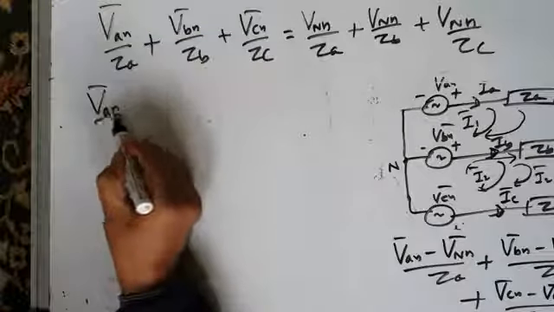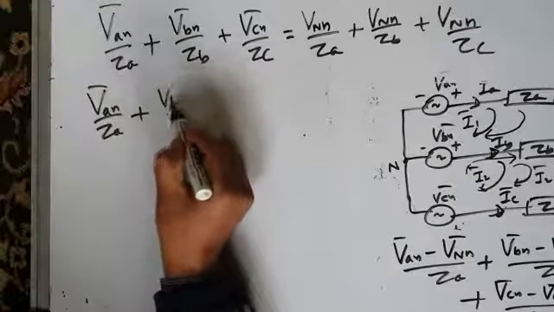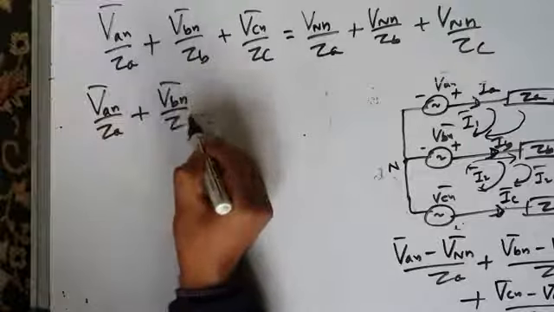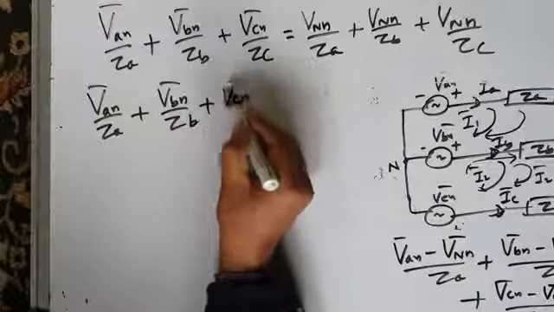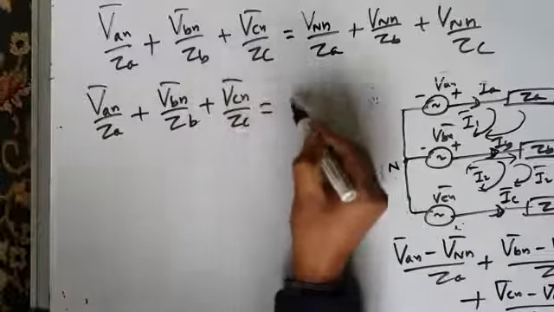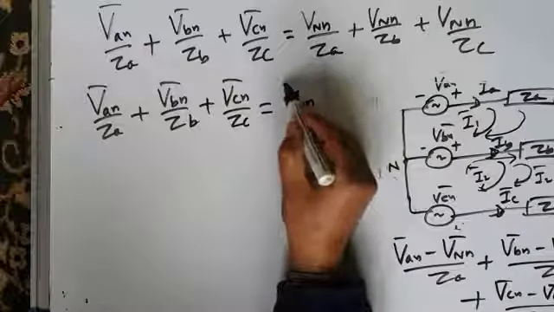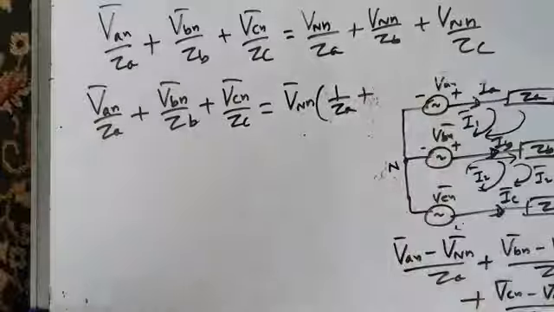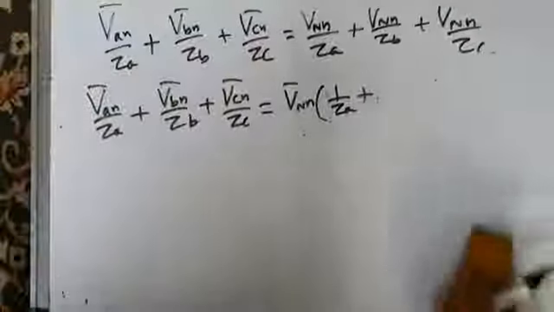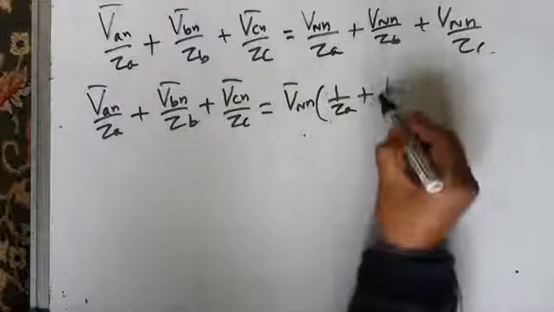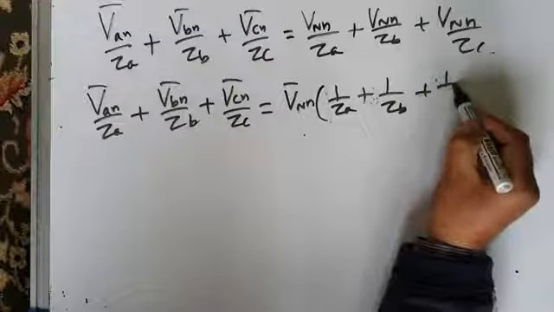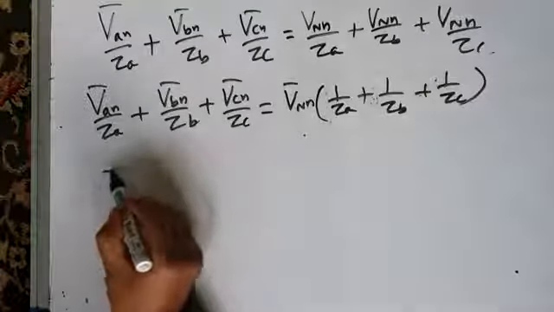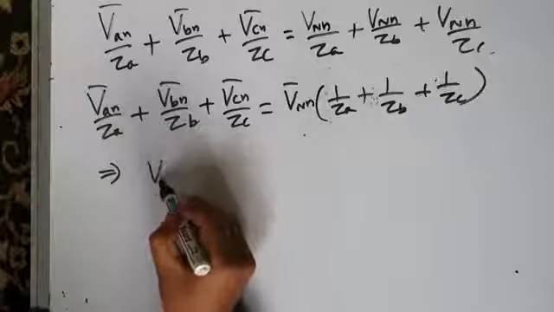VAN by ZA plus VBN by ZB plus VCN by ZC is equal to, if you take VNN out, what will you get? 1 by ZA plus 1 by ZB plus 1 by ZC. तो यहाँ से आपको न्यूट्रल टू न्यूट्रल वोल्टेज मिलेगी.